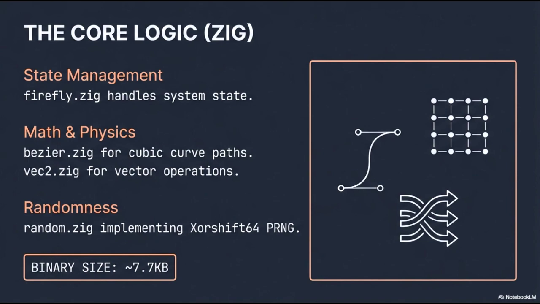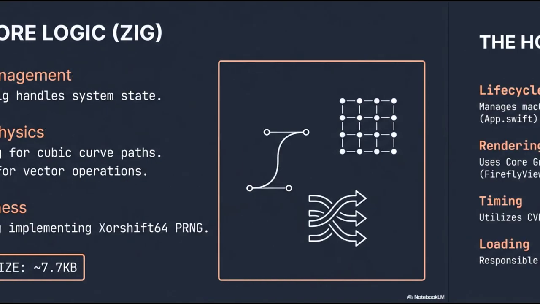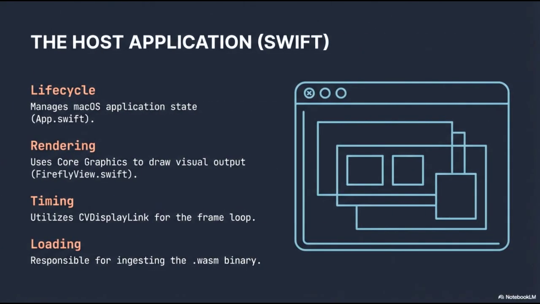For generating random sequences, we use Random.zig, which features a custom implementation of the XOR-Shift64 pseudo-random number generator. Despite these comprehensive features, the entire core logic compiles to an exceptionally small binary size of approximately 7.7 kilobytes.